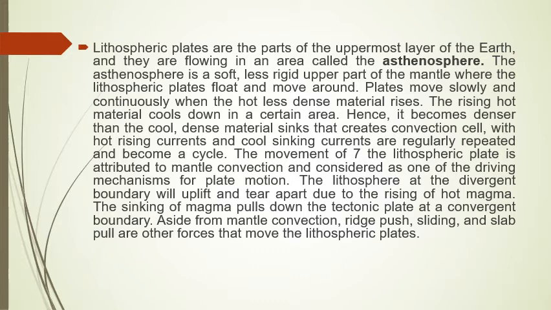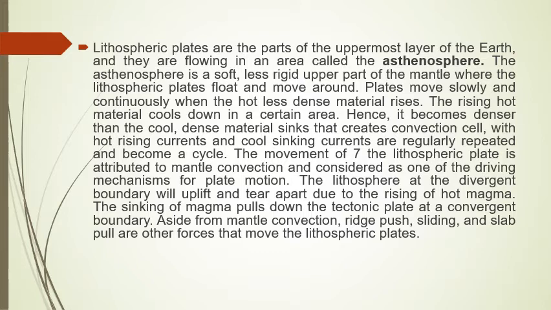The rising hot material cools down in a certain area. Hence, it becomes denser than the cool. Dense material sinks, which creates a convection cell, with hot rising currents and cool sinking currents regularly repeated and becoming a cycle. The movement of the lithospheric plate is attributed to mantle convection and considered as one of the driving mechanisms for plate motion.